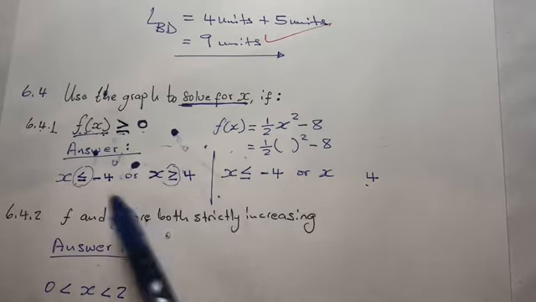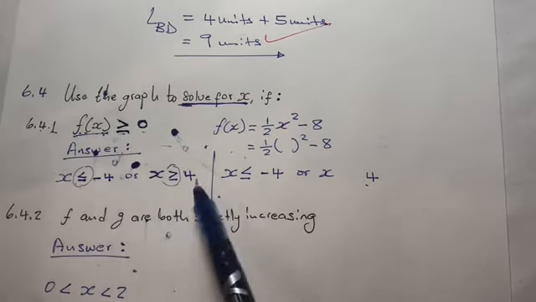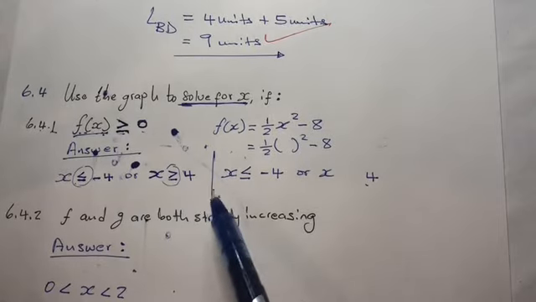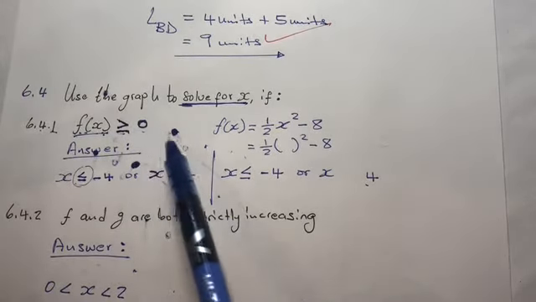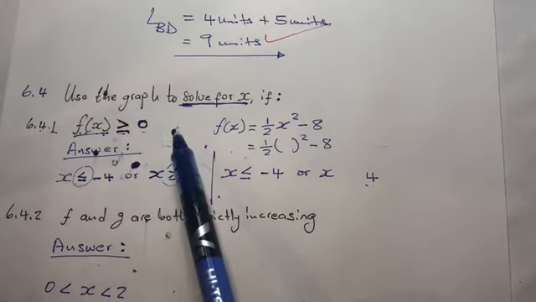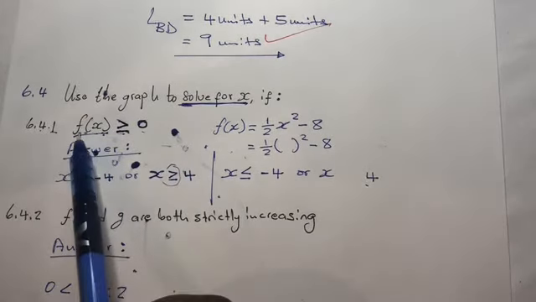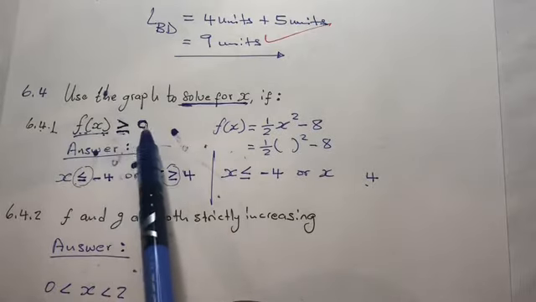So these two values would not be included as part of the answer, because when you substitute, it gives you 0, whereas the question would be asking for x values where the graph of f is greater than 0.